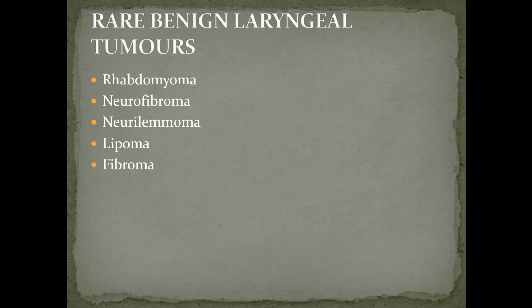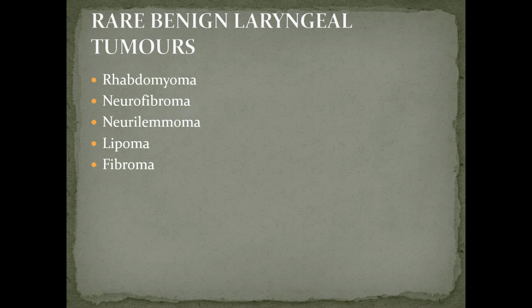The typical presentation is a respiratory problem with hoarseness of voice in the age group of 3 to 6 years. That is the typical presentation of recurrent respiratory papillomatosis. So even if you excise, again there is a recurrence of this papilloma.